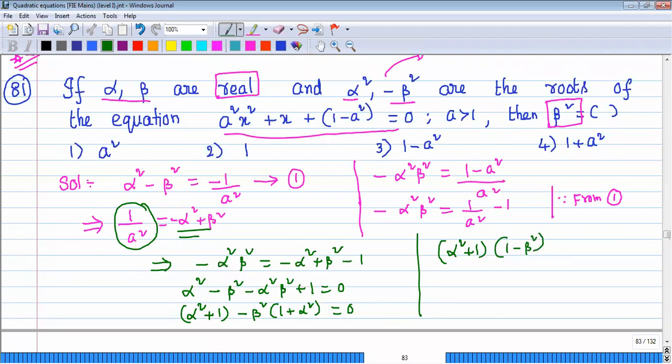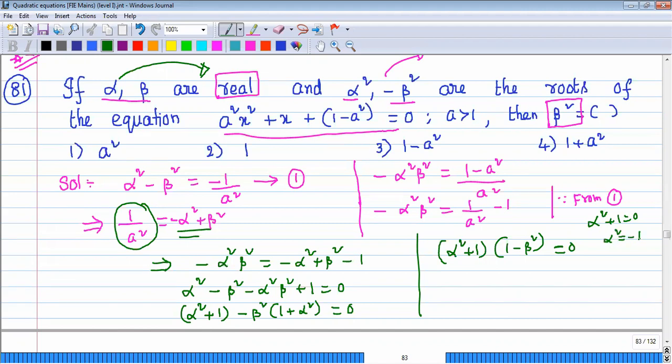This equals 0. But one condition is given: alpha is real. If the product of two numbers equals 0, the first may be 0, the second may be 0, or both may be 0. Suppose alpha square plus 1 equals 0, then alpha square equals minus 1.